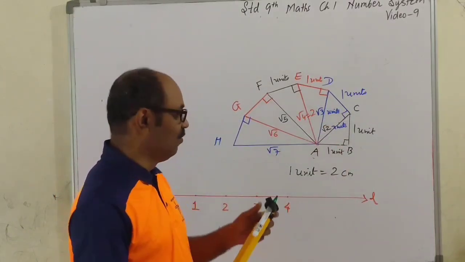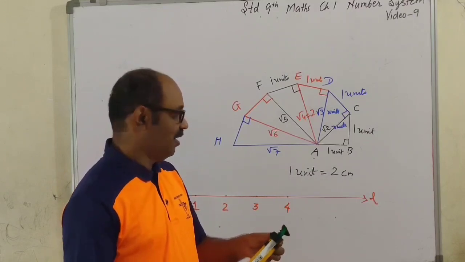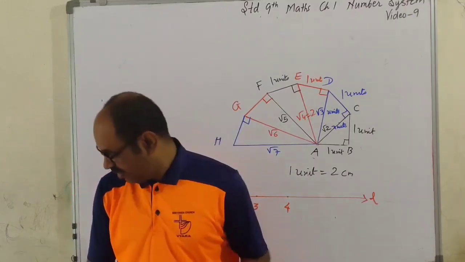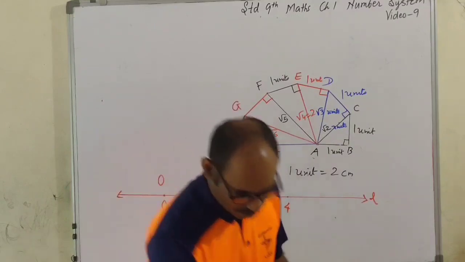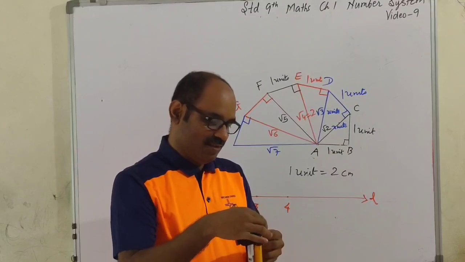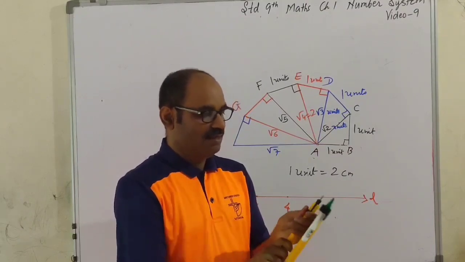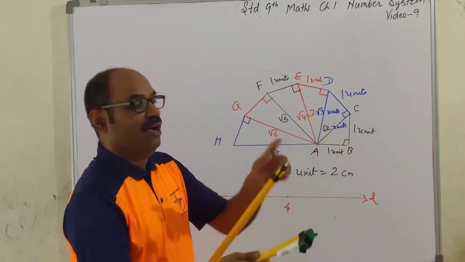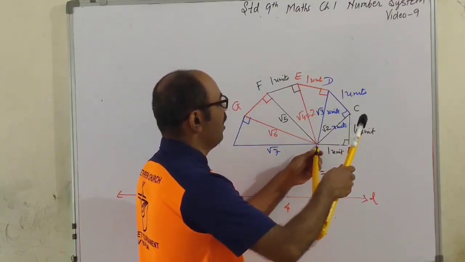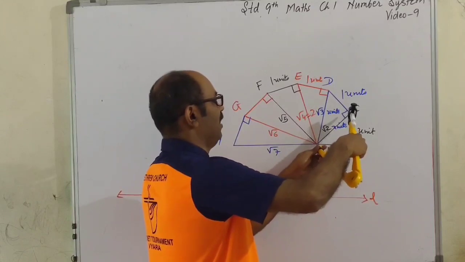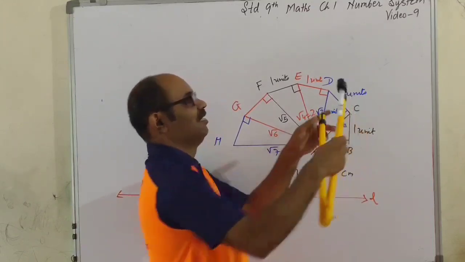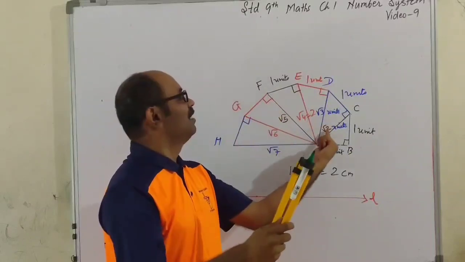AC is root 2. Now I'll need that point exactly. This point. Okay. Point of the rounder, I'm keeping it on O, and the point of the pencil, for me it's a pen, for you it will be pencil, on C. So this is AC, and how much is AC?